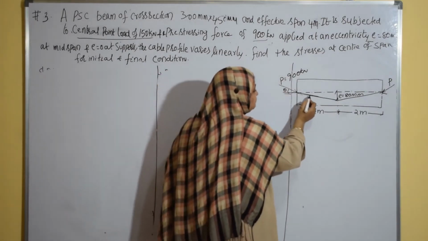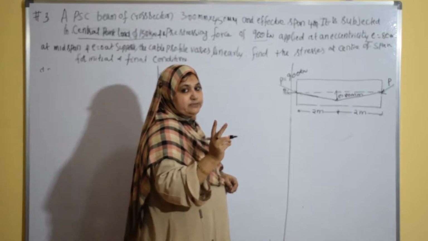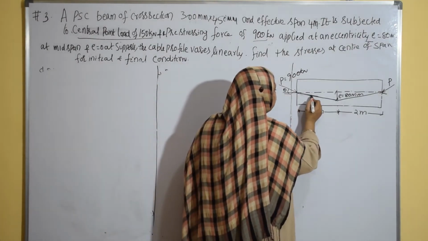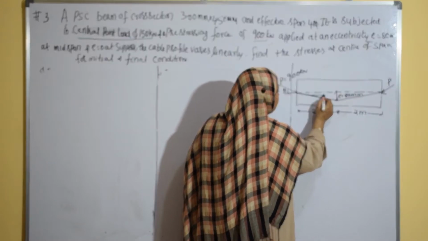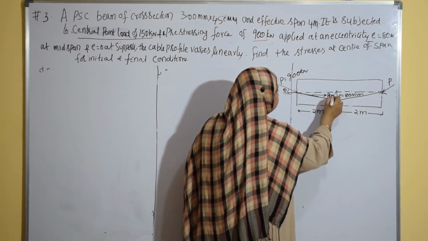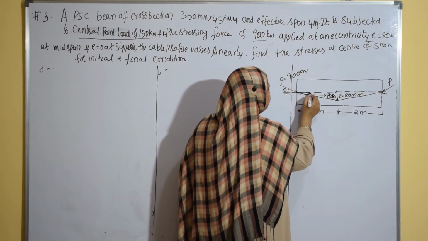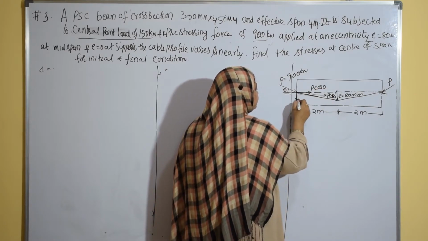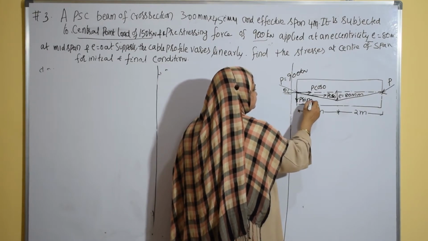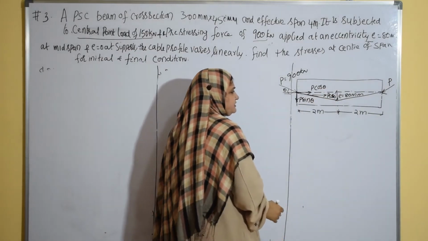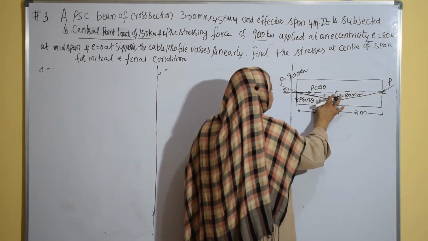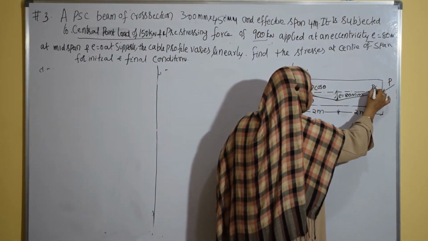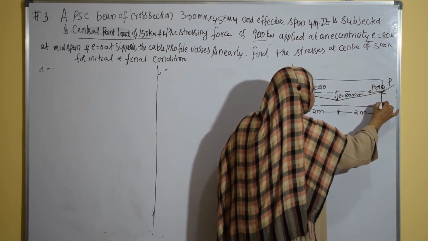Because the pre-stressing force is inclined, it will have 2 components, horizontal and vertical. The horizontal component is P cos theta and the vertical component is P sin theta. Theta is unknown, we have to find it from the triangle. The same way on the other side, it will have 2 components, P cos theta and P sin theta.